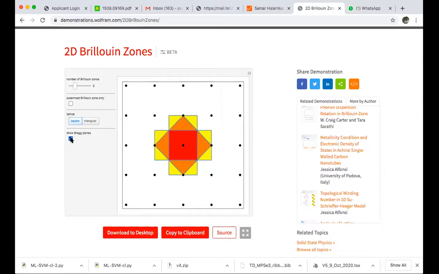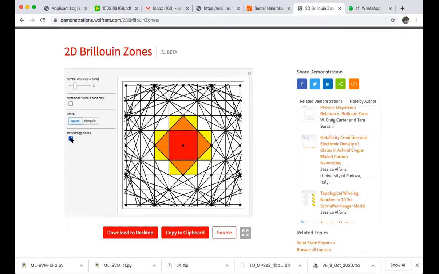So the idea is that you connect the origin to all reciprocal lattice points, all points on the reciprocal lattice. It quickly gets complicated. So these lines are all Bragg planes.